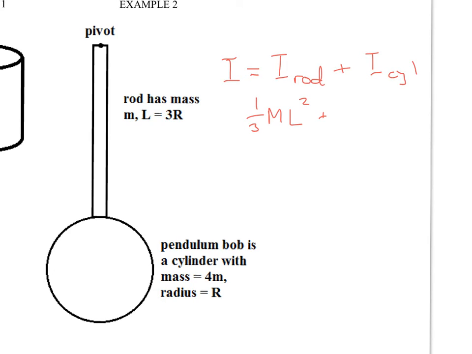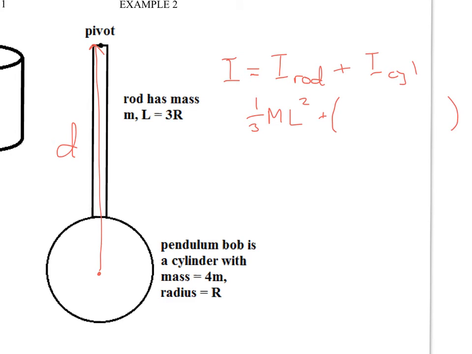Would love to, but here's the center of mass of the cylinder, and the pivot point is way up here, which means we're going to have to use that parallel axis theorem again. So for the cylinder, it's going to be parallel axis theorem.